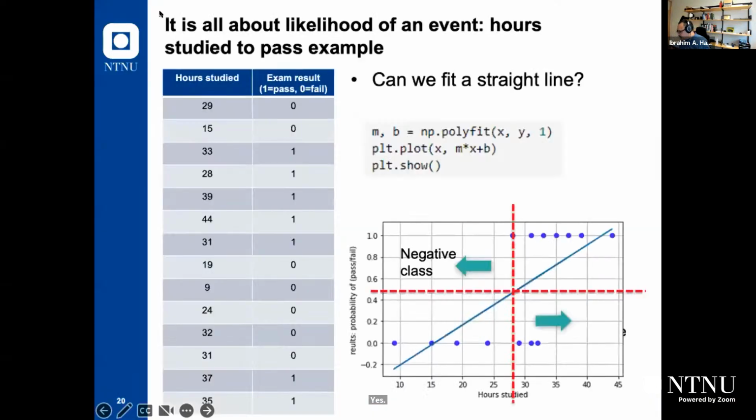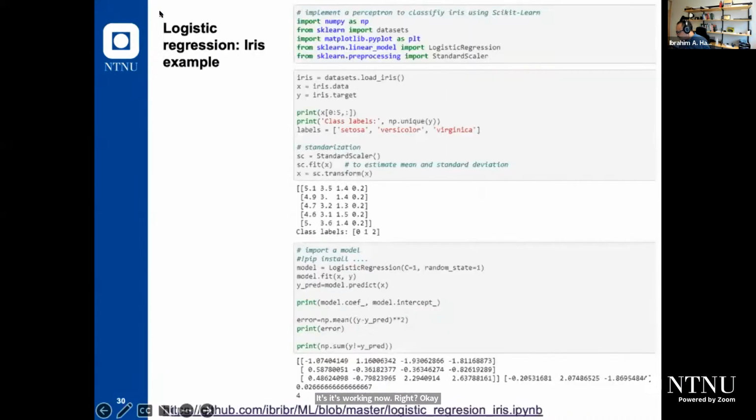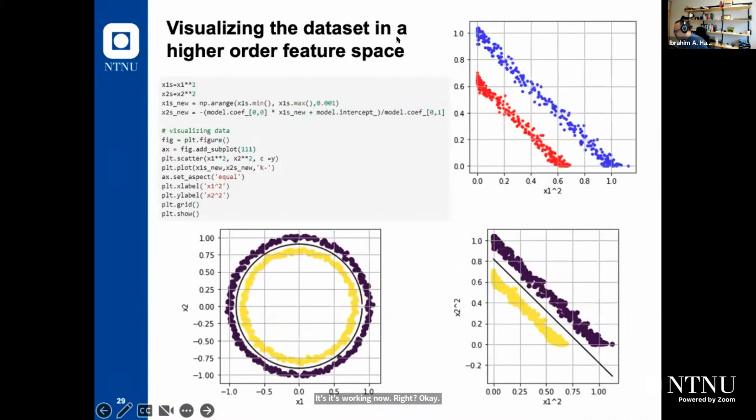So for the model, in fact, when we use this approach with x1 square, higher order feature space, when we plot our data set against x1 square and x2 square, it will look like this one, which means the model will see the data like this one, and when we use a linear model, it will generate a decision line like this one.